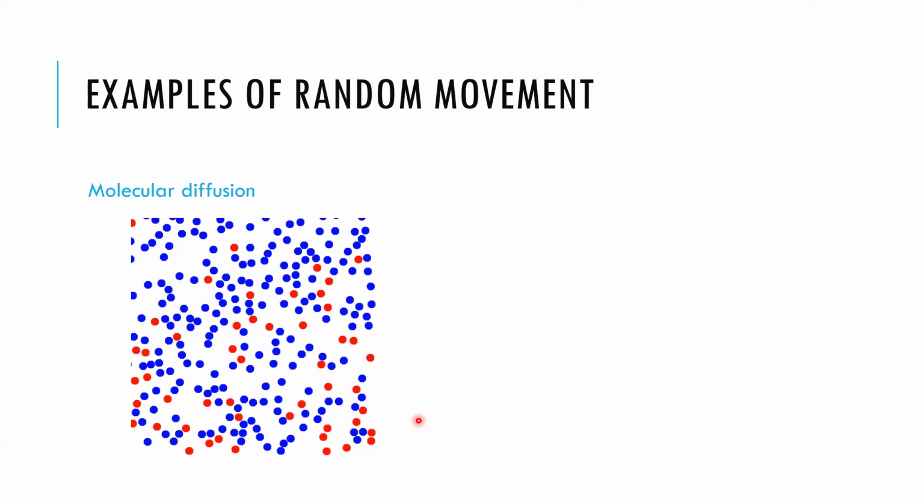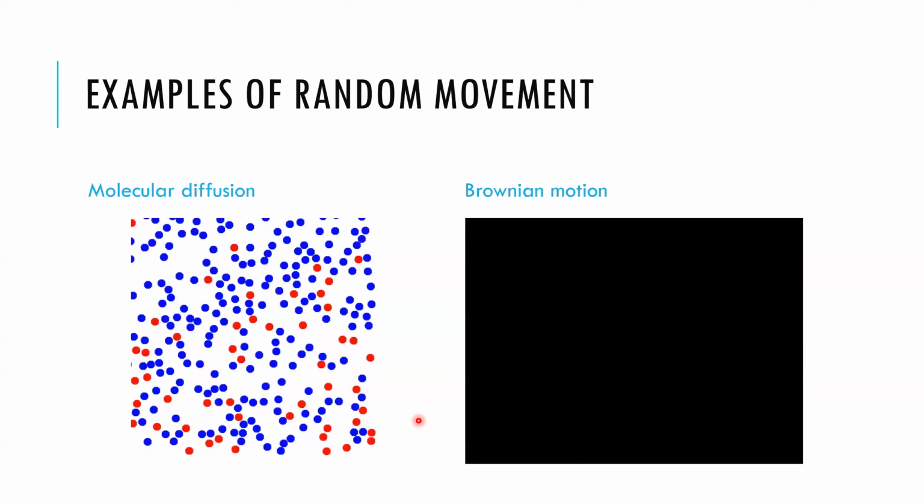They're just moving randomly. And the net effect is that they spread out from where there is more to where there is less. So this is an example of molecular diffusion, where the molecules are moving around randomly.